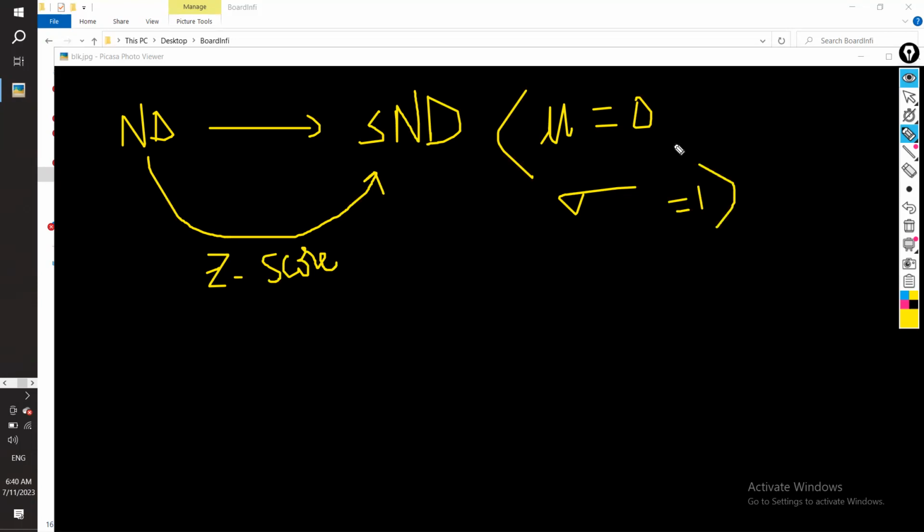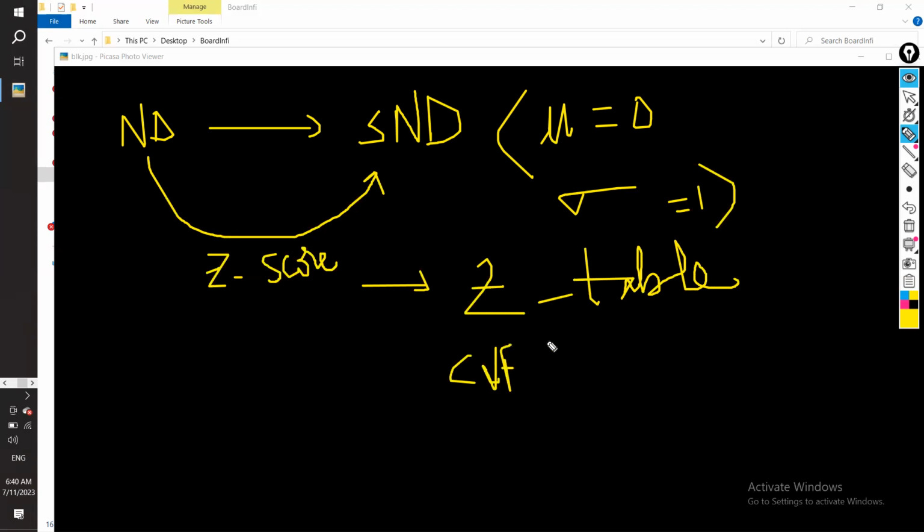And now because the values are fixed, we can also use z tables, which will directly give you the CDF, or area, or probability.